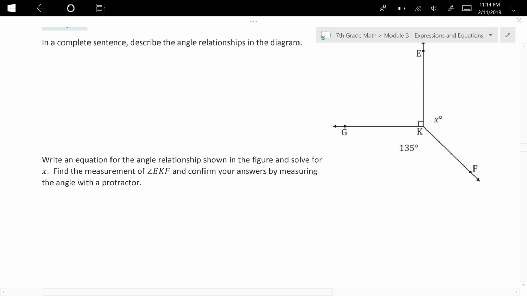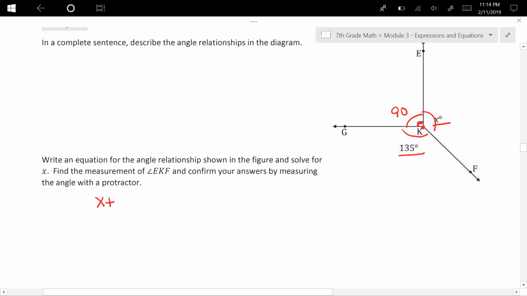So, we have 135 here. We have x. We're going to have to find that. And we have our symbol here telling us that this here is 90. So we add that angle, this angle, and that angle, and they all are around this one point here at K. So we know that we can add all those up, and they're going to equal 360 degrees.